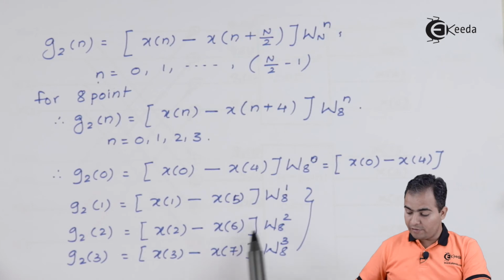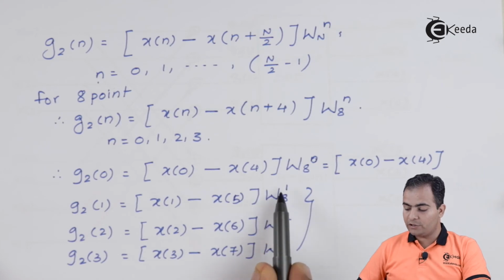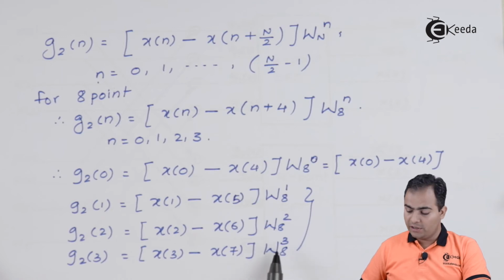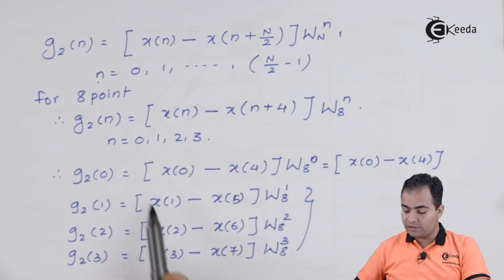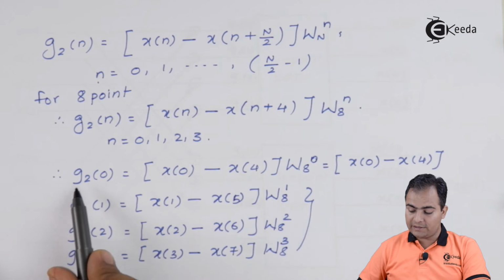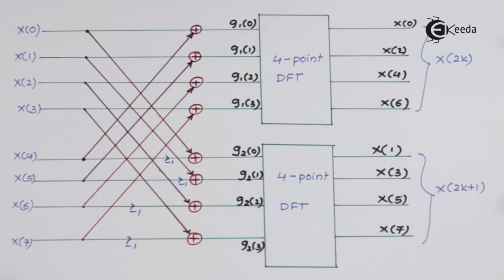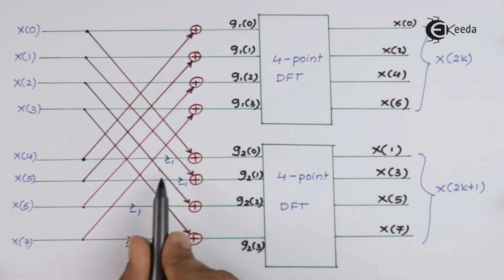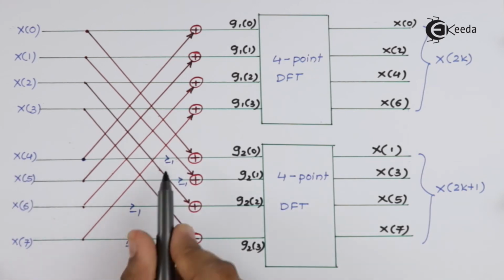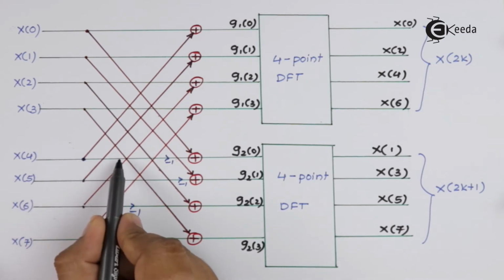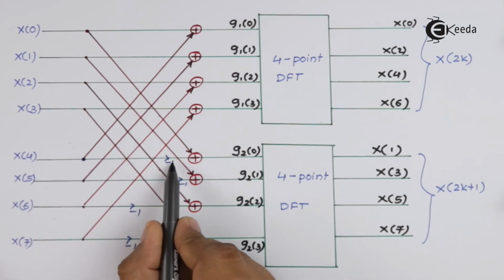And after adding, we will multiply the results by omega 8 to the power 0, omega 8 to the power 1, omega 8 to the power 2 and omega 8 to the power 3. Then you will get g2 of 0, g2 of 1, g2 of 2 and g2 of 3. So as I said, before moving to the plus sign, we will multiply all these 4 samples by minus 1. So automatically after this dot, all the samples will carry a negative sign.